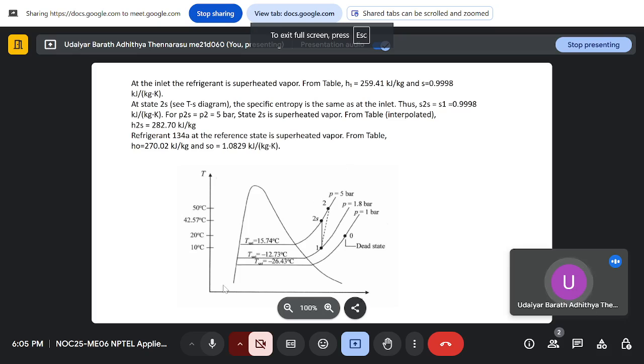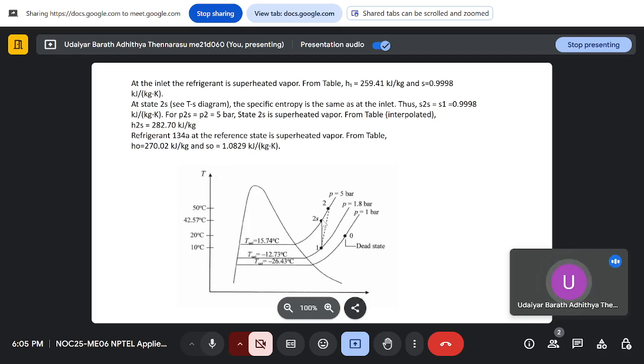If you see at the inlet, it is superheated and my enthalpy is 259.41 kilojoule per kg, and my entropy at this point is 0.9998 kilojoule per kg Kelvin. So if I would have followed an isentrope, a constant entropy line, I would reach state 2s. So I now know two properties: one the entropy, the other is pressure.